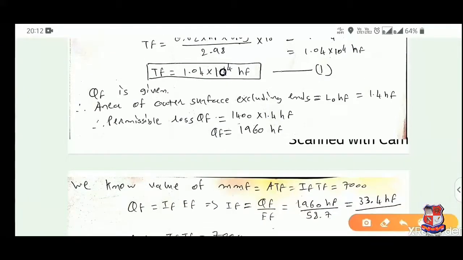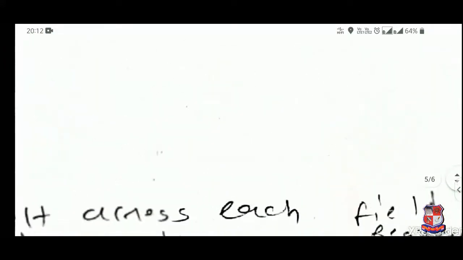See here, the area of outer surface excluding ends is nothing but given by L0 into HF. This relation can be easily seen from the first figure.